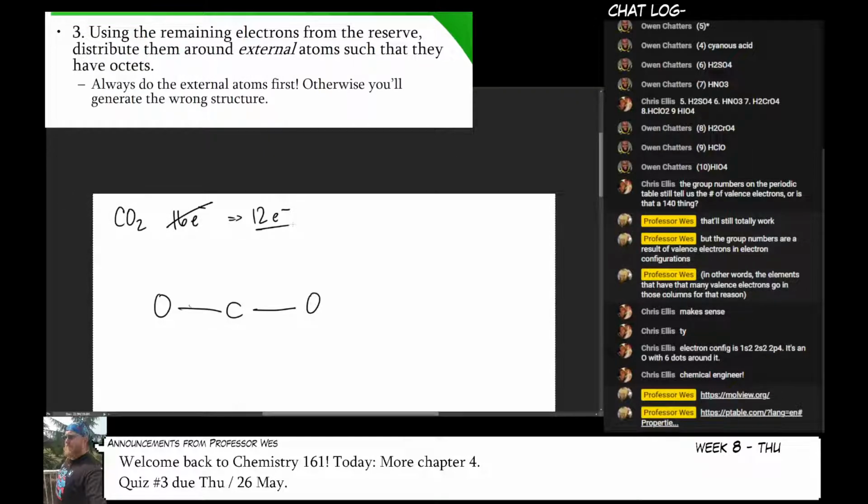I have 12 electrons left, so let's give octets to outer atoms first. So 2, 4, 6. There's my octet. So now I have 6 electrons left. 2, 4, 6. There's my octet. Now I have no electrons left, so I've used all my electrons. Do I have an octet around these atoms? I do, because I have pair, pair, pair. That's 6, and then a bond counts as 2, so that's 8.